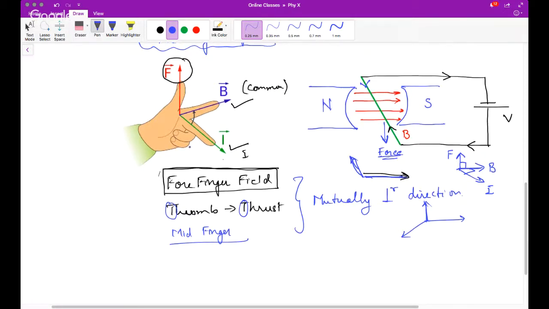Similarly, we can use the right-hand rule. Let me grab a right-hand rule picture so that I can illustrate. I will go to Wikipedia and grab a picture.